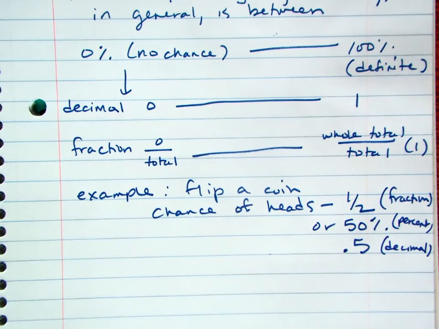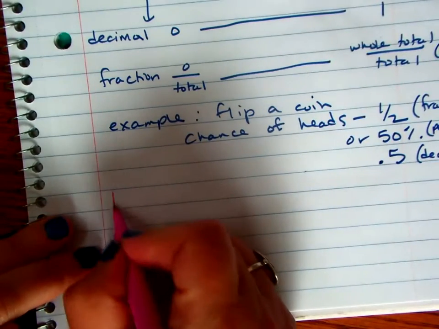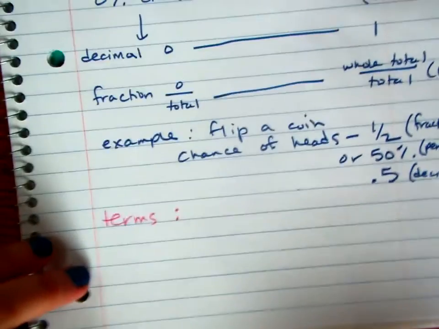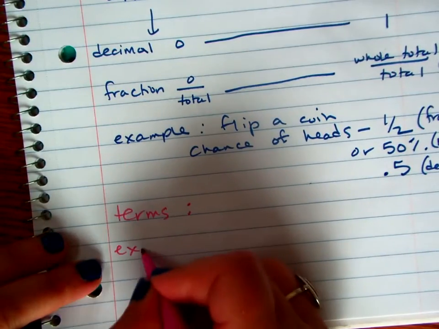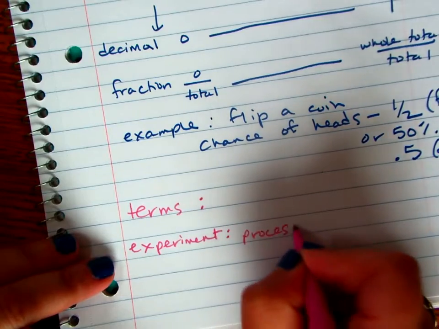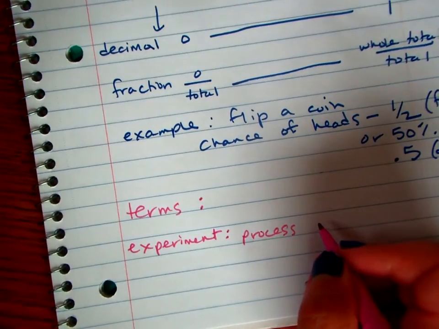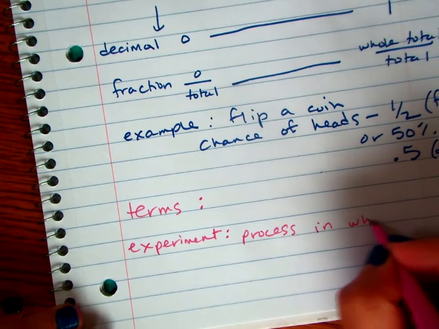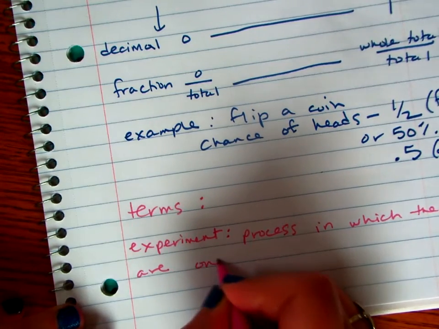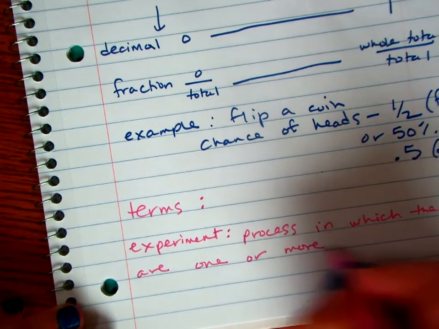Okay, so now some terms in probability. First of all, an experiment is kind of a process in which there are one or more possible outcomes.